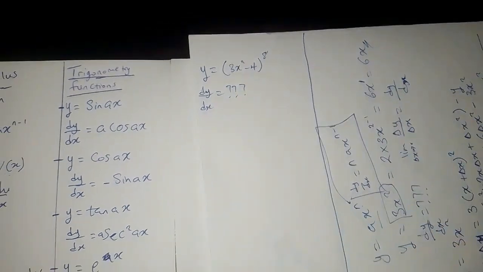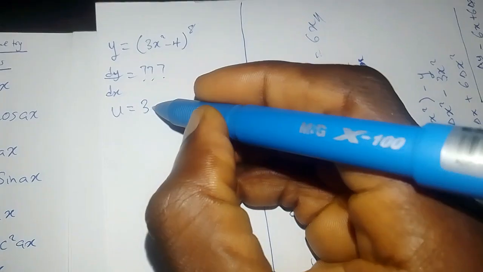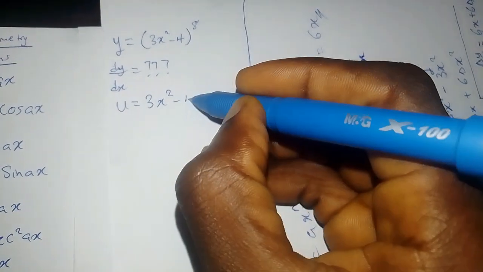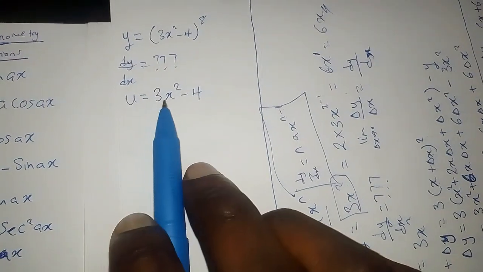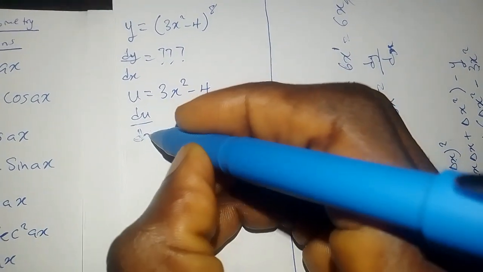You can actually see that from this place they said make that one in the bracket, make it u, isn't it? So the one in the bracket here, we can say u is then equal to 3x raised to power 2 minus 4. Now if I'm differentiating u with respect to x, that will be du dx, which will be equal to, using first principle, 3 times 2, 6x, minus 4 has gone that way.